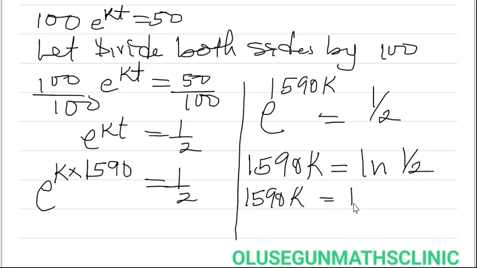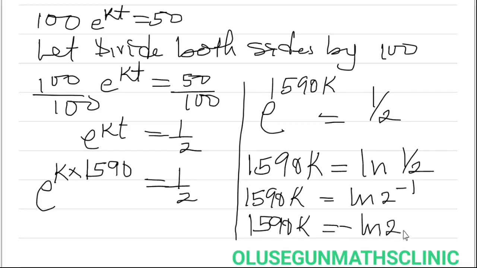The logarithm of 2 to the power minus 1, the minus 1 will come down. So 1,590k is equal to minus ln 2.